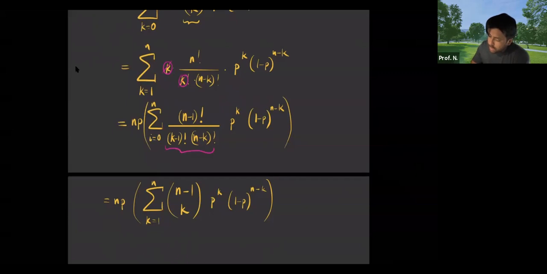So what happens is the k minus 1 idea, this becomes i, okay? So k minus 1 becomes i. This is k minus 1 because I took out the p. And so if that's the case, then k is equal to i plus 1.